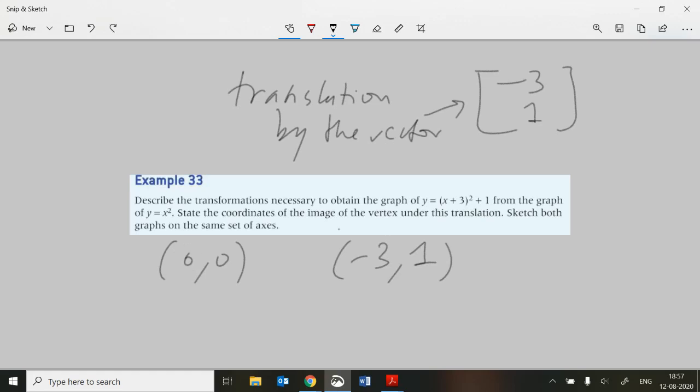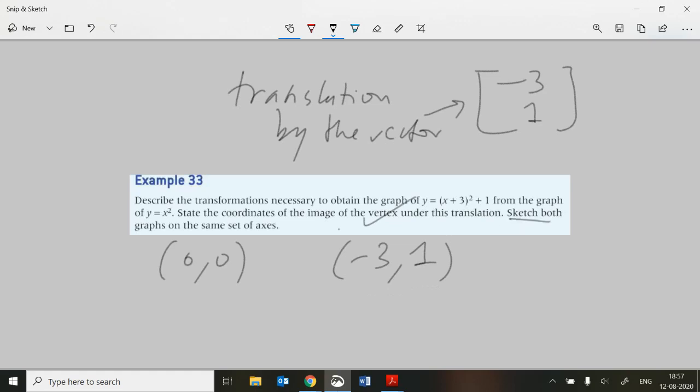So we just need to take 3 off this and add 1 onto this. So it happens to be the same as this, but only that's a coincidence because we started with 0, 0. So basically, on all of our points, we'll have to take off 3 here and add 1 here. Okay, so that's the image of the vertex. That's done. That's this point here.